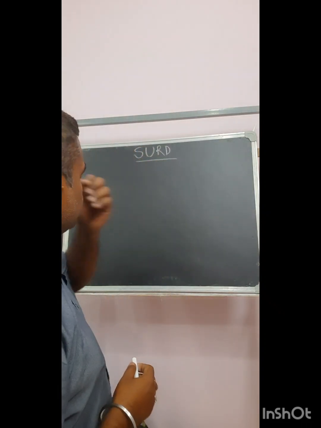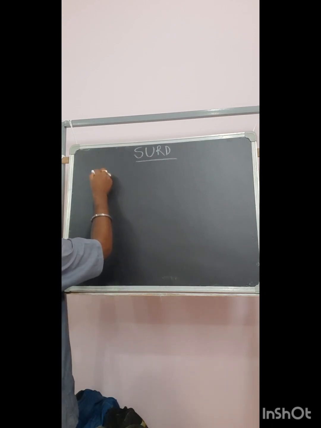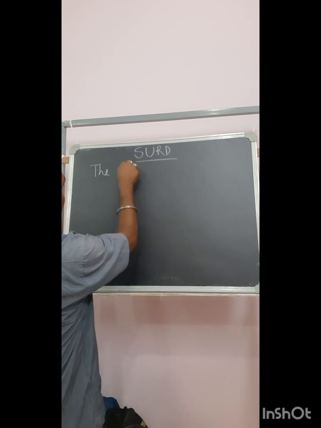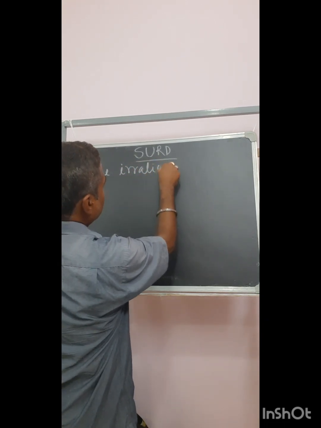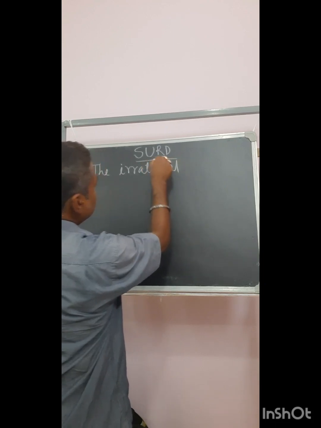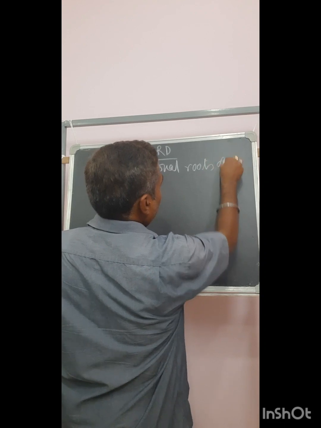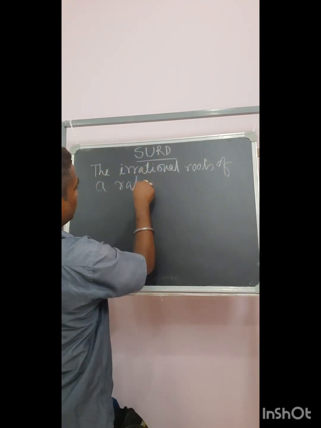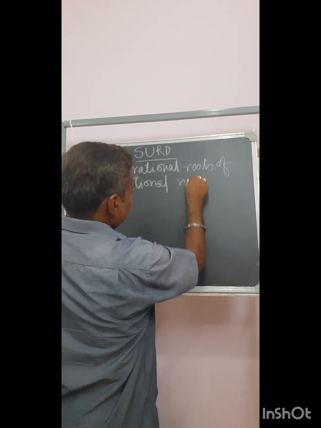So what is a surd? If I define it, I will define it like this: the irrational roots of a rational number.